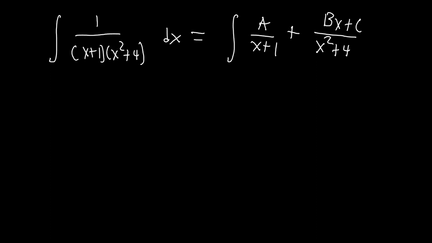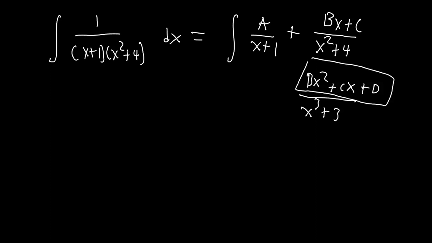And basically, if this was x to the third power plus 3, it would be b of x squared plus c of x plus d. Whatever power you have, you go one power under, and then write out whatever one power under is.